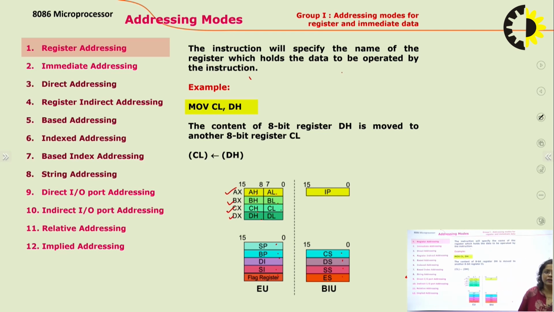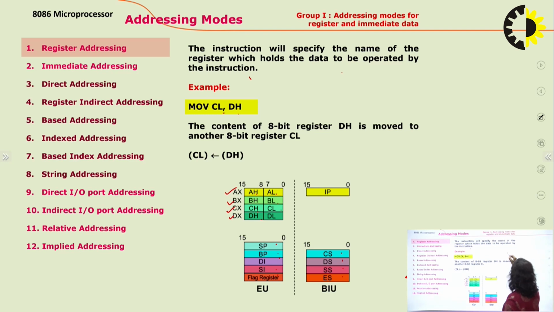So, in 8086 the instructions wherein a register holds the data are called register mode instructions. For example, in the case of MOV CL, DH, these both are 8-bit registers and this instruction copies 8-bit data from DH to CL.